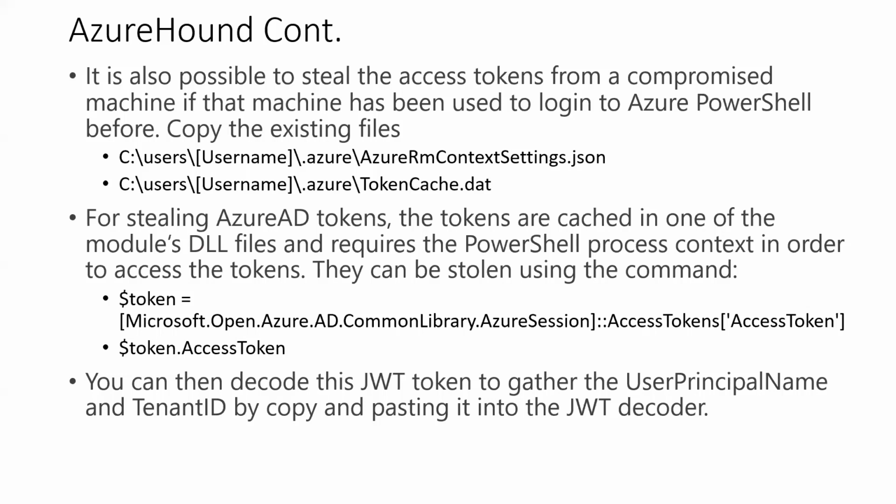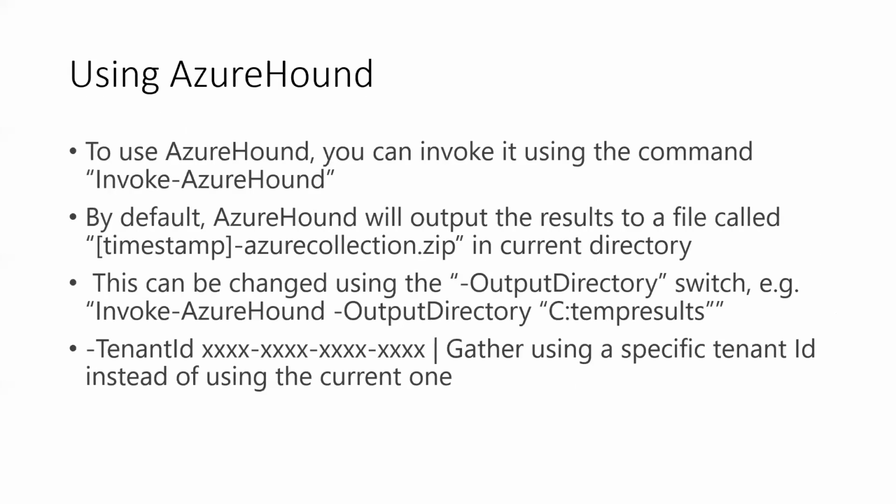It also has functionality to pull the access tokens out of the DLL files that are installed locally on a machine that interacts with the Azure environment, and then that JWT token that's extracted can be decoded, and you can also get the user principal name and tenant ID from it as well, by decoding the JWT.